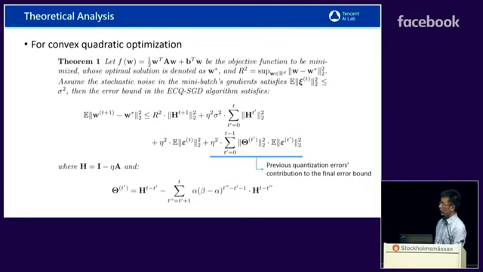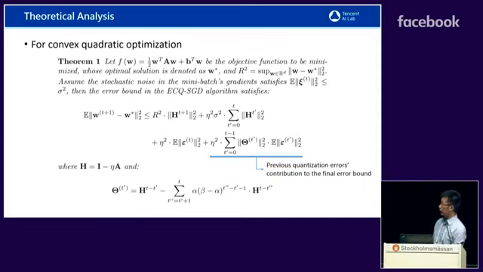On the right-hand side, we have 4 terms, and the first two terms do not depend on the quantization function, and are the same for both the QSGD and our ECQ-SGD. So we just leave them as they are. The main difference lies in the last 2 terms, especially the last one, which is the previous quantization error's contribution to the final error bound.